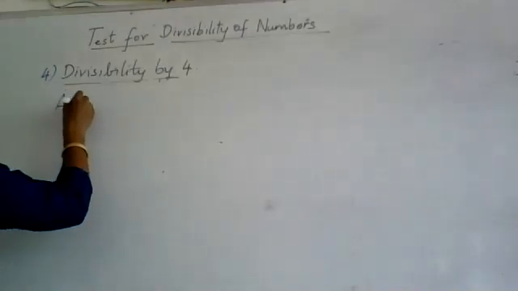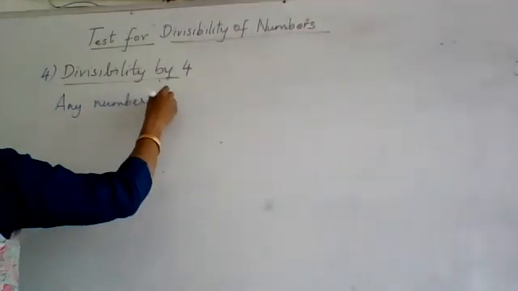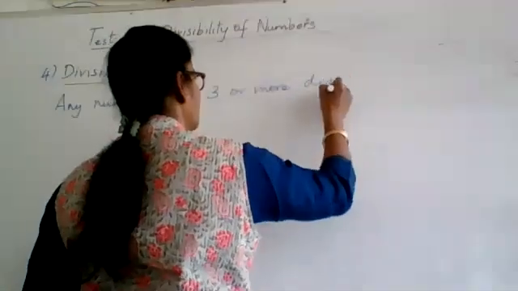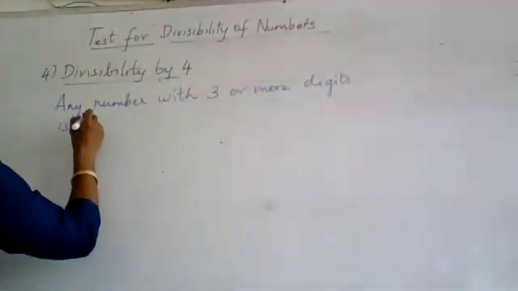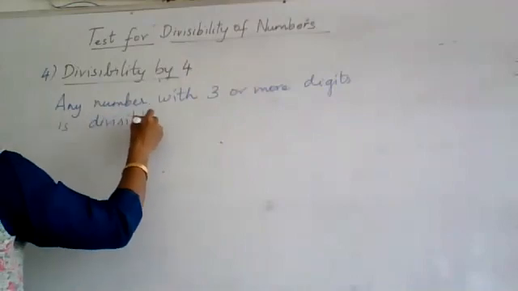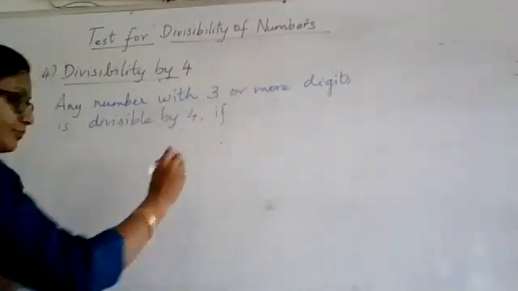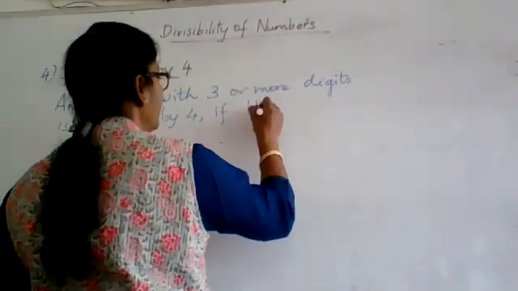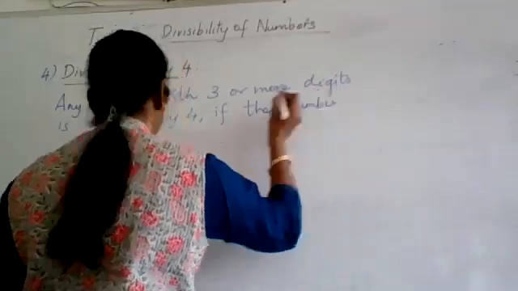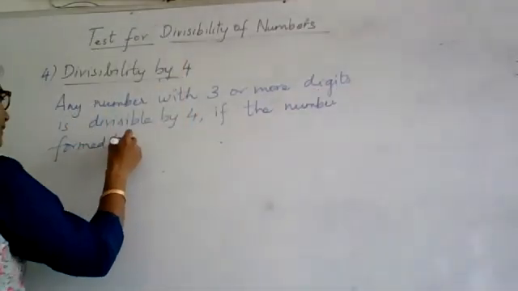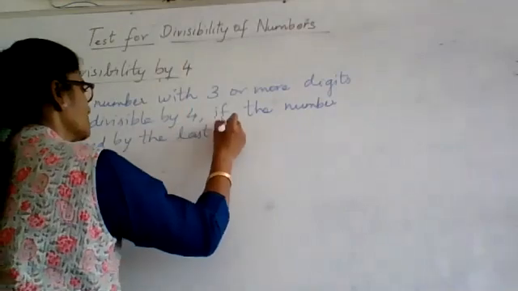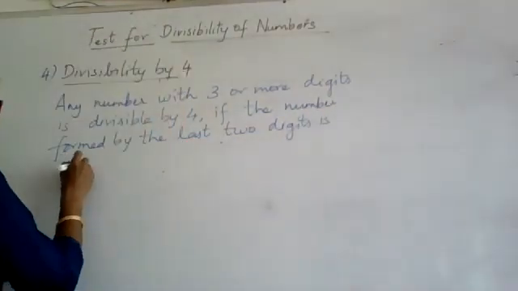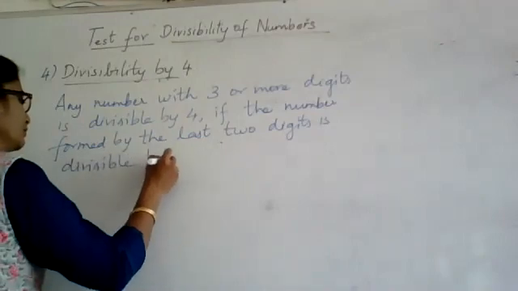So any number with 3 or more digits is divisible by 4 if the number formed by the last 2 digits is divisible by 4.